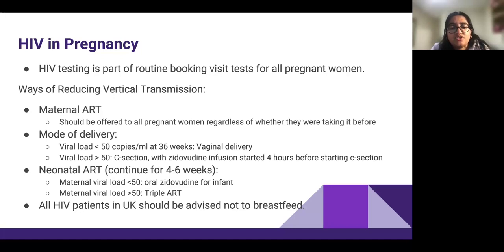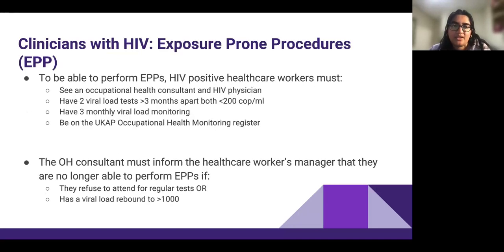Closer to the time, around 36 weeks, if the viral load of the mother is less than 50, then they can have a vaginal delivery. However, if it's greater than 50, then they would need to have a C-section with an antiretroviral infusion during the C-section, so it doesn't pass on to the baby. The baby would carry on having antiretroviral therapy depending on the mother's viral load as well. And all HIV patients in the UK should be advised not to breastfeed and to use formula feeding as well. So that's something to remember.